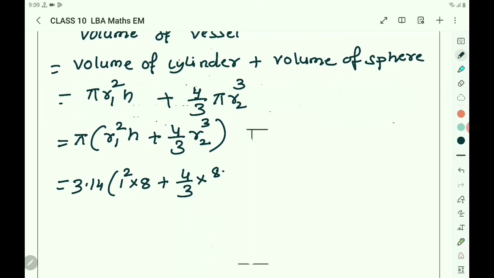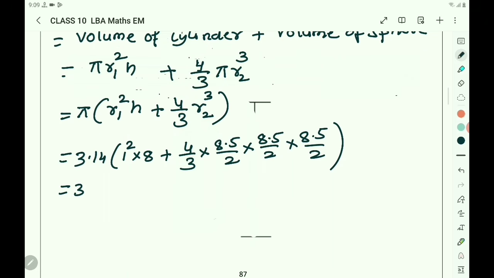So you write 8.5 by 2, R2 cube is there. 8.5 by 2 into 8.5 by 2 into 8.5 by 2. Then you write 3.14. 1 square means 1 into 1, 1, 1 into 8, it becomes 8 only, plus, if it is possible, try to cancel, you can cancel 2 1s are 2, 2 2s are, again this 2 cancels, 8.5 into 8.5 into 8.5.